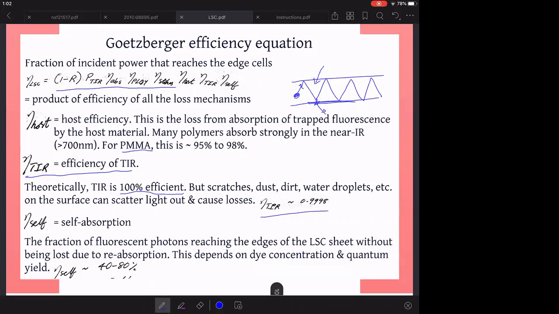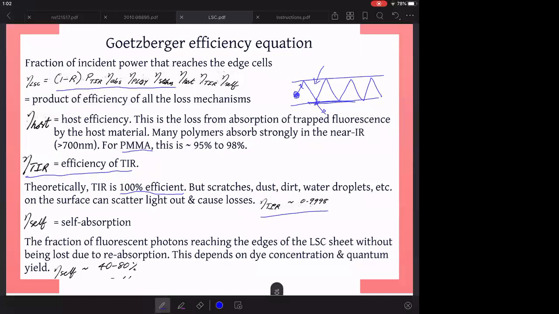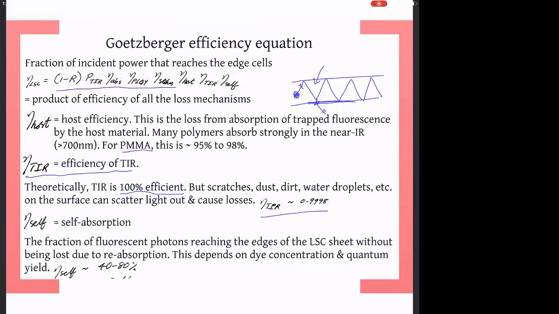And the last term is something called self-absorption. This turns out to be the most important and most limiting factor. This is basically the fact that here you saw, and I'm going to draw this with a different color, you saw that this molecule emitted this photon that's bouncing around, but I have other molecules sitting around in my material.